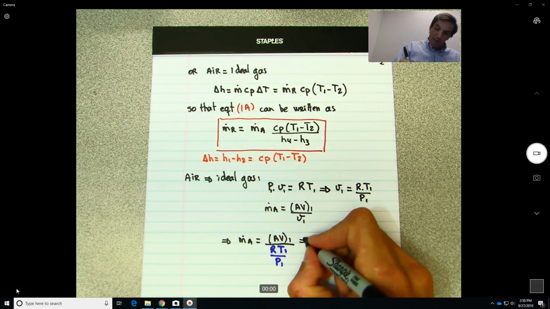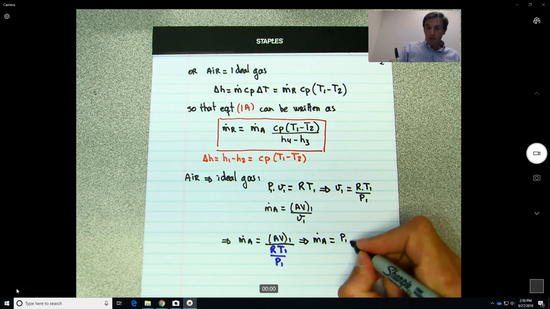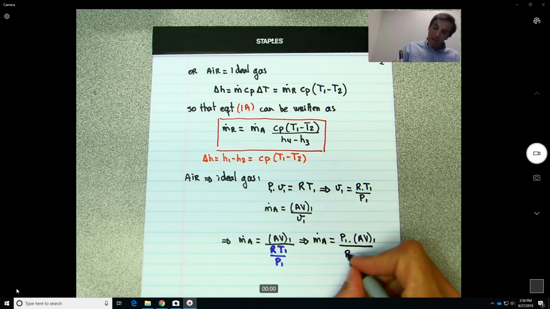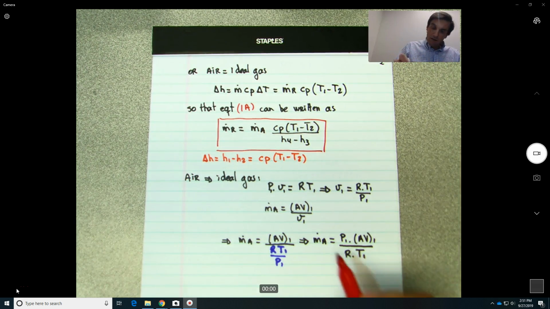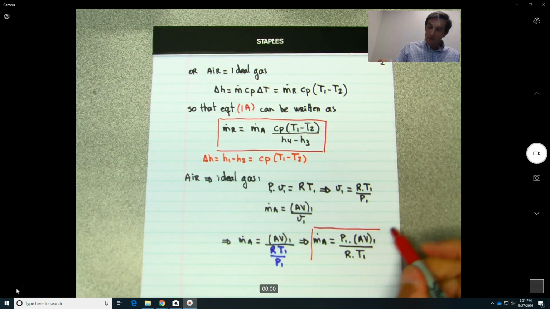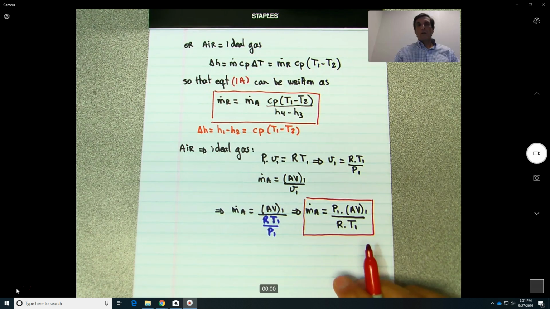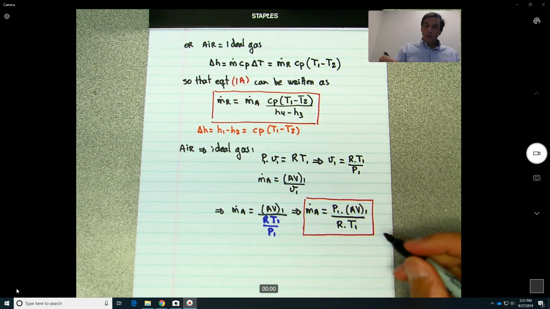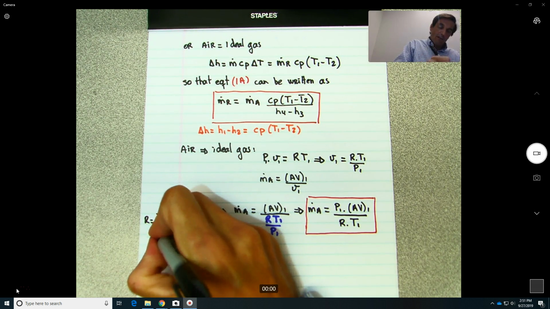Or we could just say that m of A will be equal to P1 times the volumetric flow rate divided by R T1, where R over here is the universal gas constant divided by the molar mass of the air.